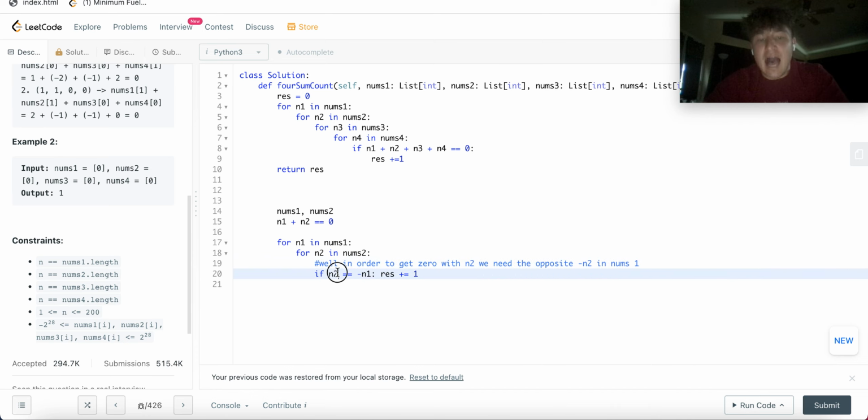N1 has to be the opposite of n2. So in order to get a 0 with n2, I need the opposite of n2 in nums1, right?